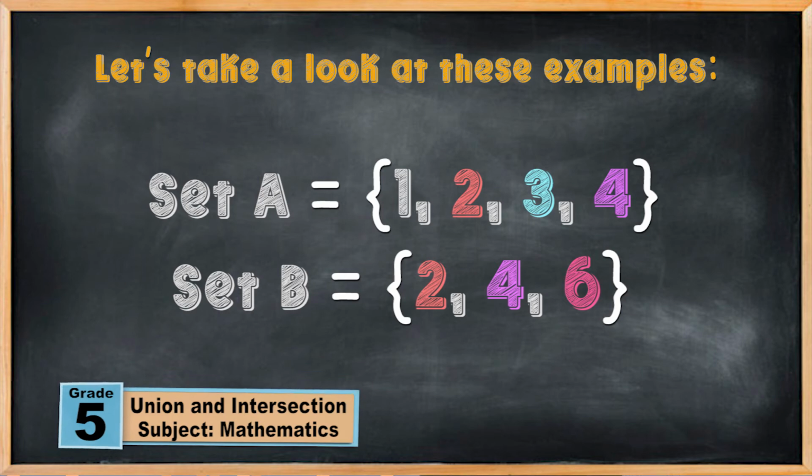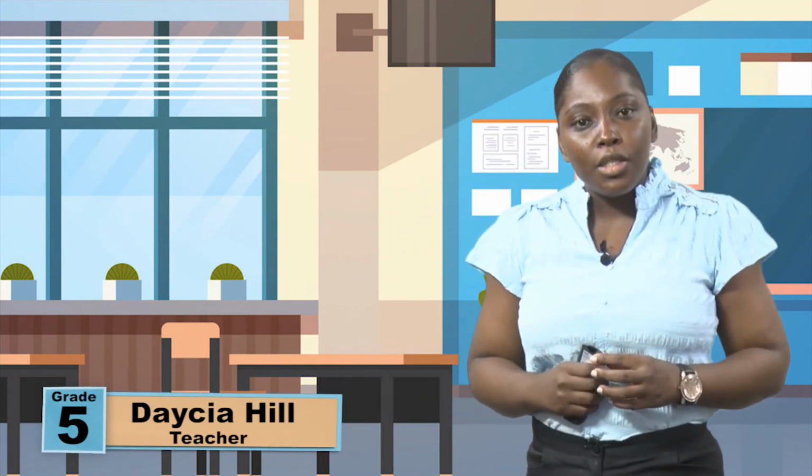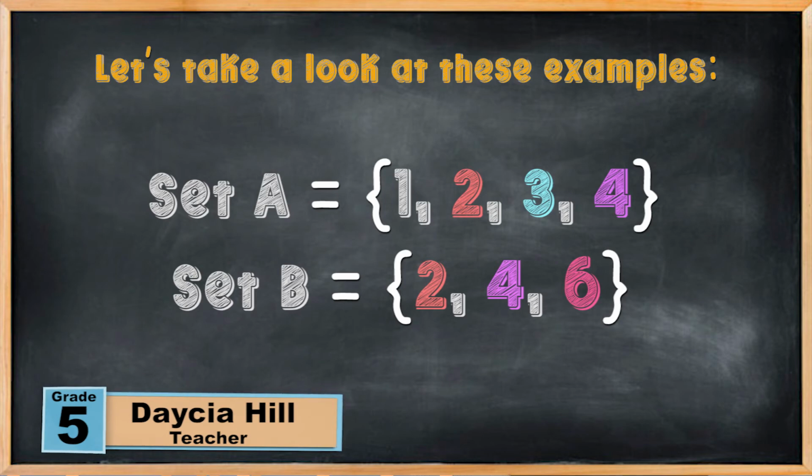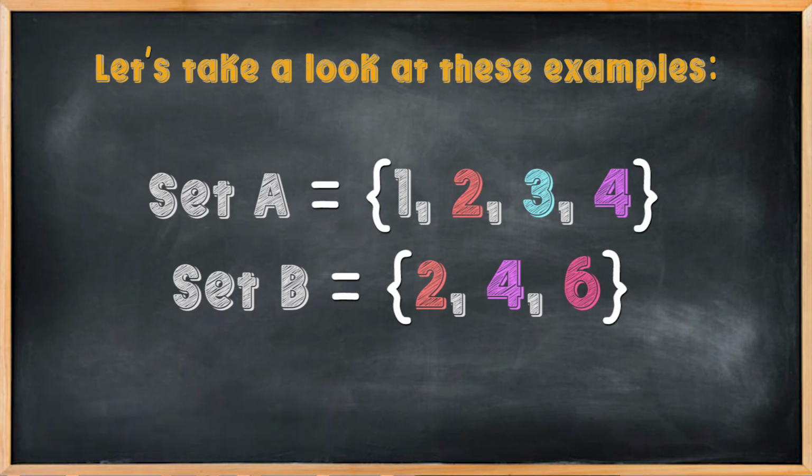A intersect B. So if we're looking at A intersect B, it means that we have to look at all those members that are common to set A and set B, or the members that are the same in both set A and B. Have you recognized those members as yet?